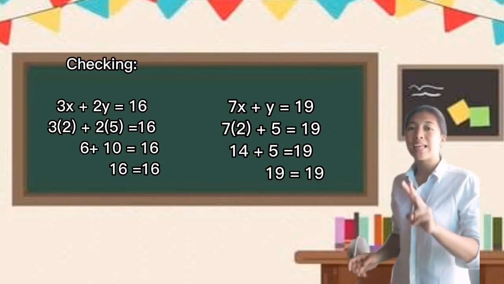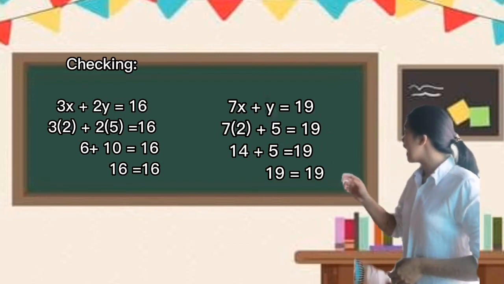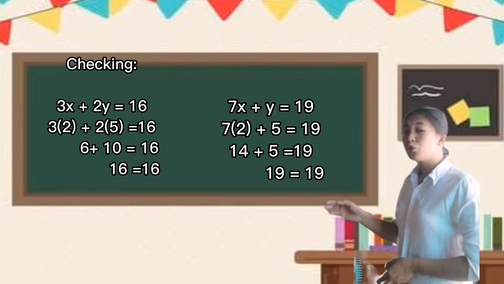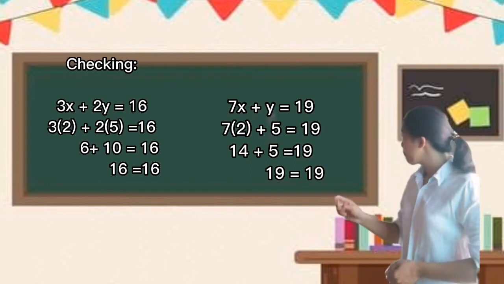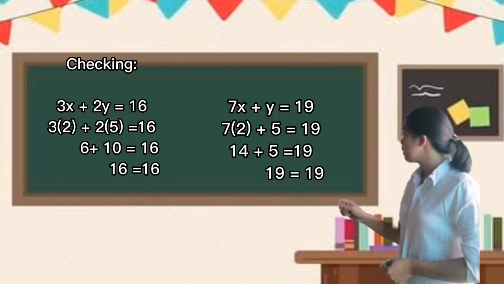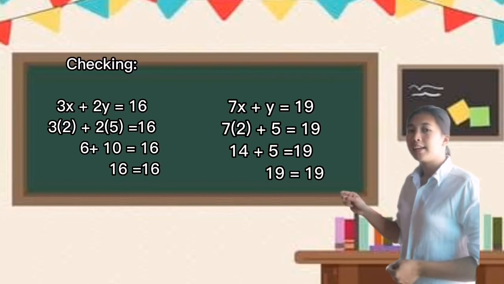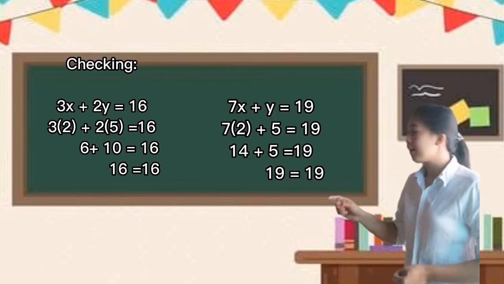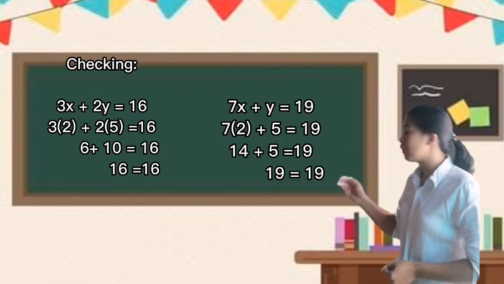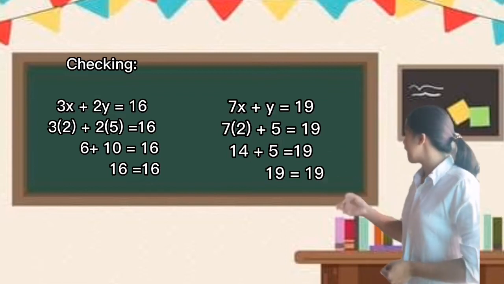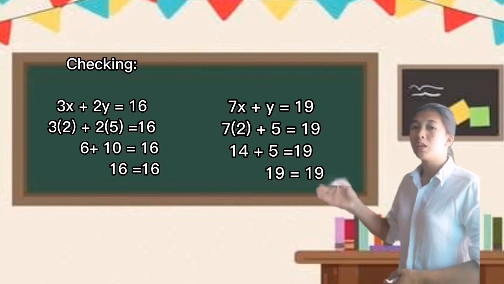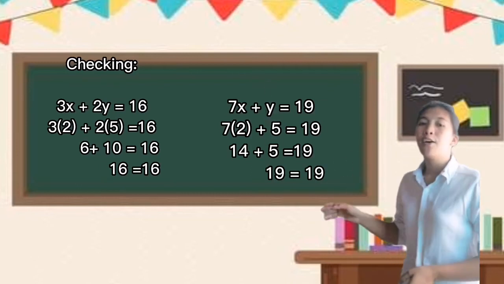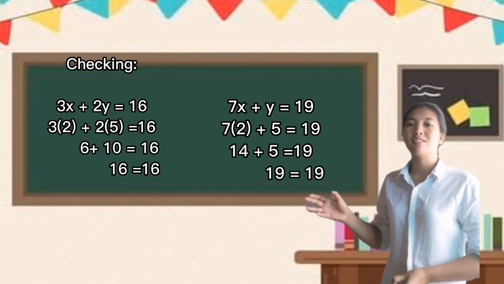Let's go to the second equation, 7x plus y is equal to 19. Substitute 2 for x and 5 for y. So we have 7 times 2 plus 5 is equal to 19. 7 times 2 is equal to 14, and bring down 5. 14 plus 5 is equal to 19.